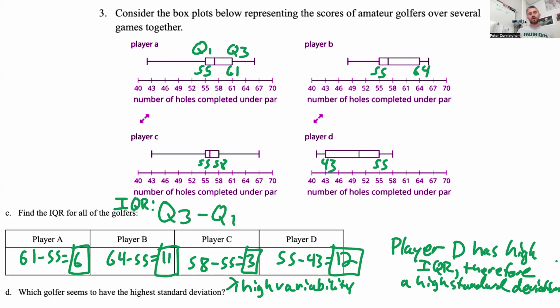Okay, so maybe you could argue player A, with the high amount of skew that could affect the standard deviation as well. But just in general, when there's more variability, these are two measures of variability. But those are some options there.